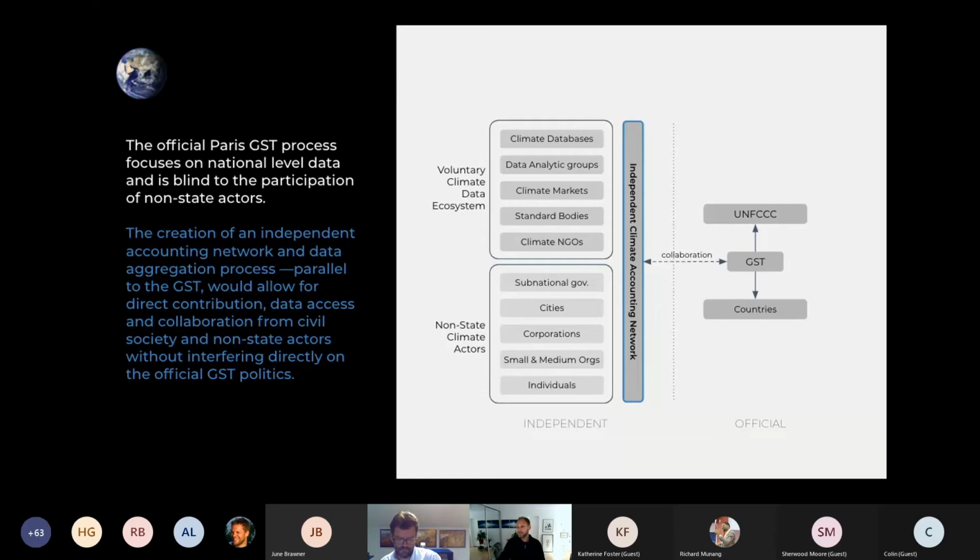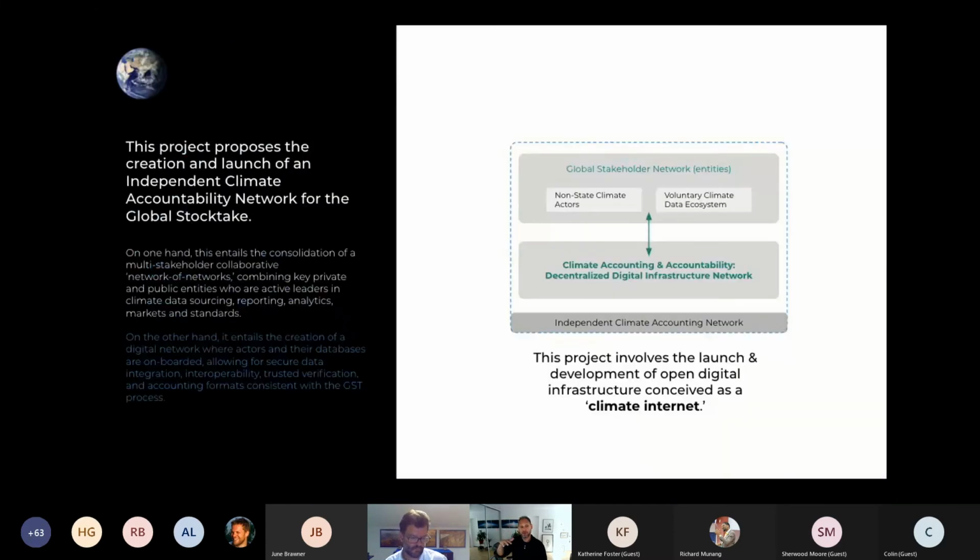in parallel. So this year we're proposing the launch of that independent climate accounting network, and slide 33 should talk about two parts of that network.